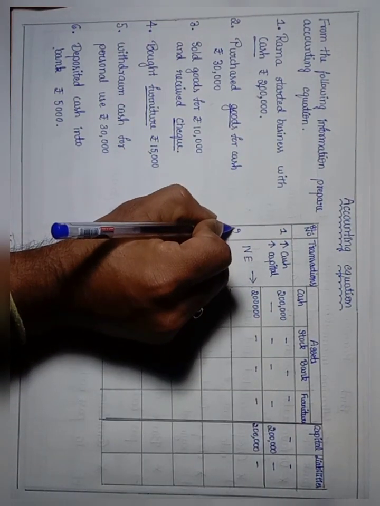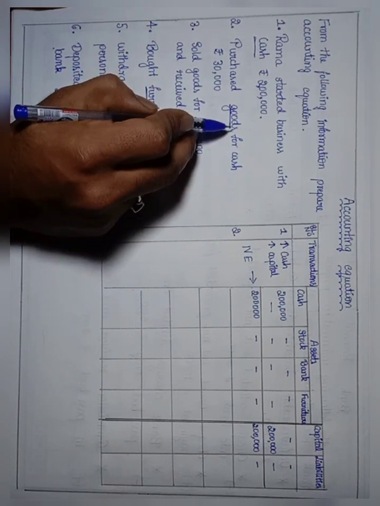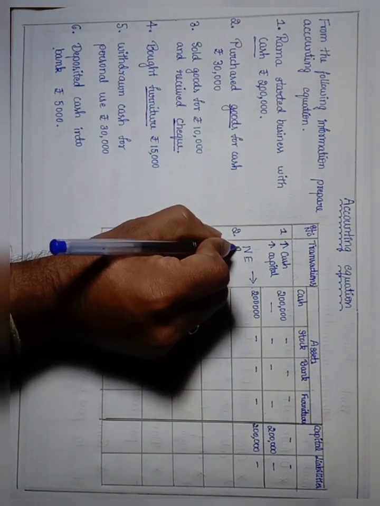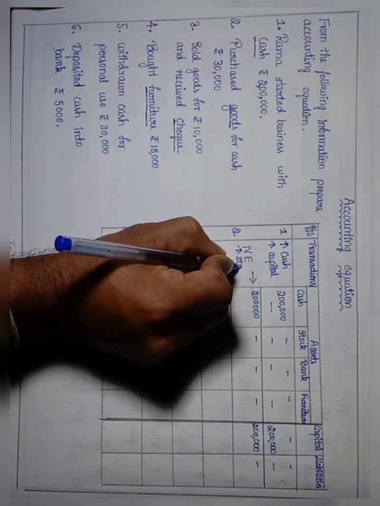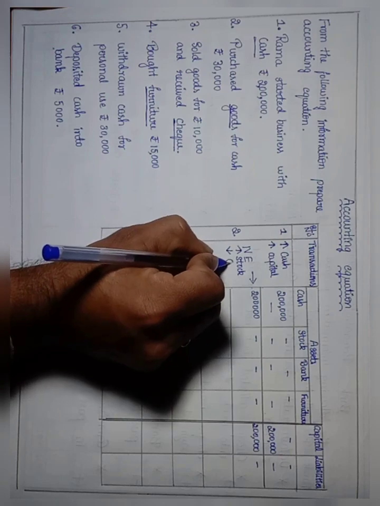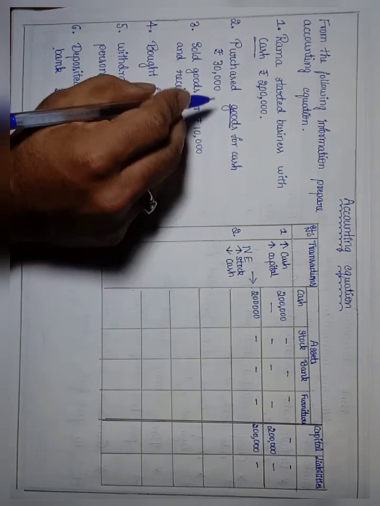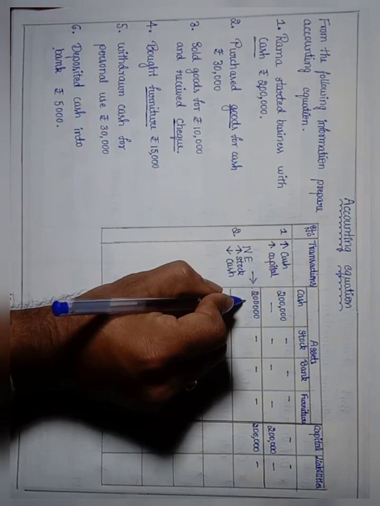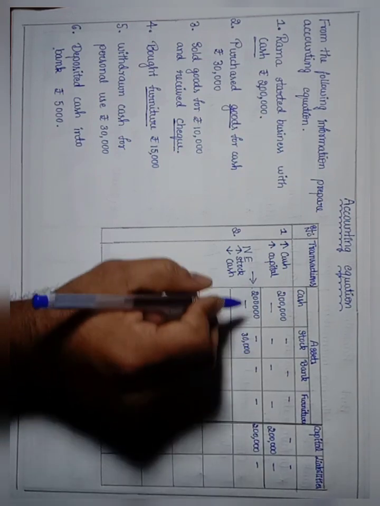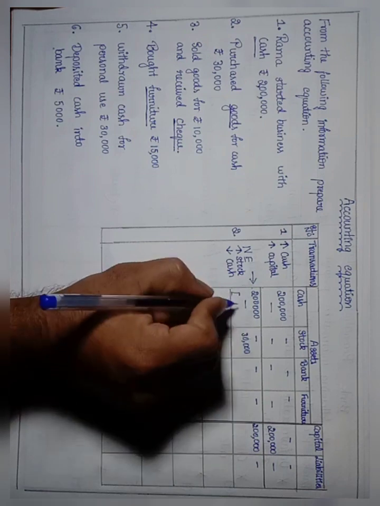Then second transaction, let us move on to purchase goods for cash, which means we are purchasing goods, so it will increase stock, and we are paying in the form of cash, so it will decrease cash. So we are purchasing for 30,000. So 30,000 rupees stock will increase, and we are paying 30,000 rupees.